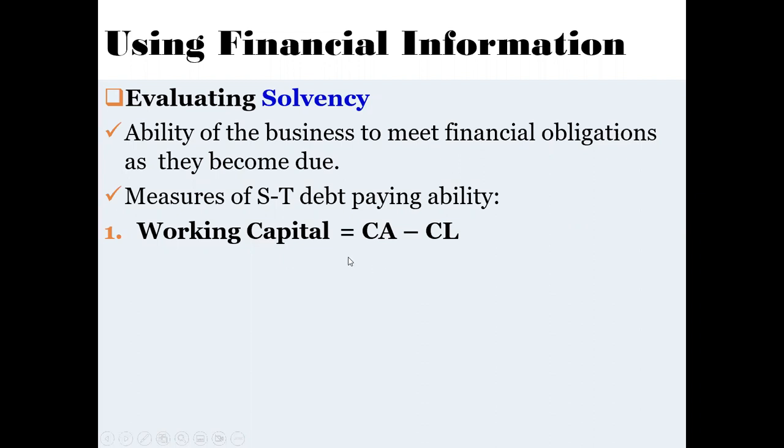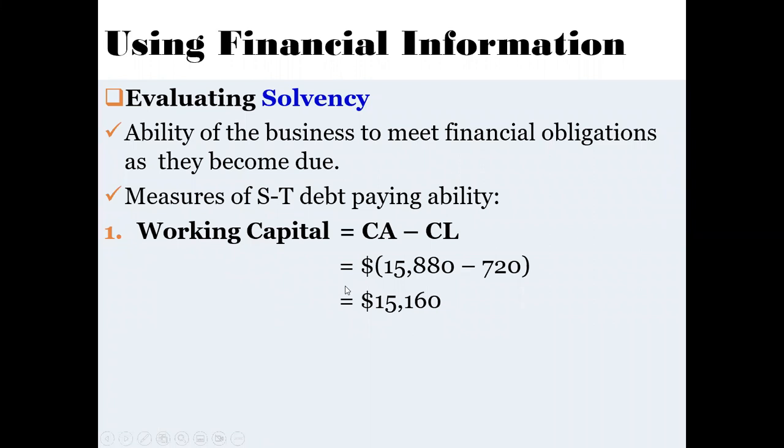So in this question, our current assets total 15,880. Our current liabilities is 720. So working capital is 15,880 minus 720, which gives us 15,160.